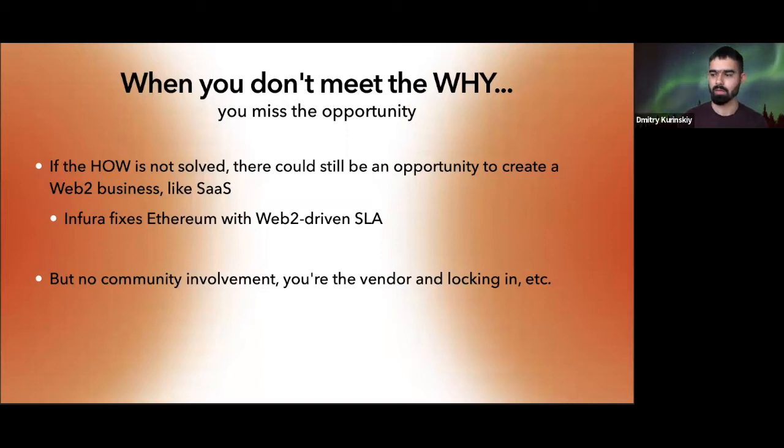And we have some cases where Web3-specific problems are fixed by centralized Web2-driven businesses. The most important example is Infura. It fixes some problems with Ethereum by providing a Web2-driven SLA.